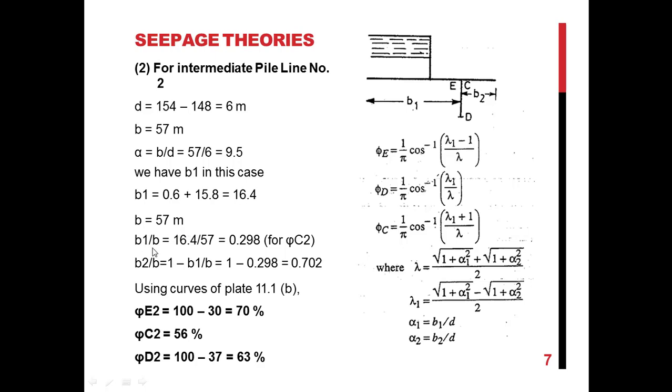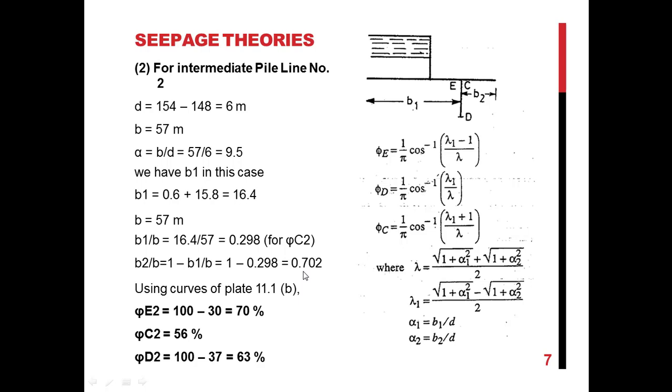Now finding B1 divided by B is equal to 16.4 divided by 57, which is equal to 0.298, and this value should be used for finding the value of phi C2. Also B2 divided by B is equal to 1 minus B1 divided by B. Since the sum of ratios is equal to 1, subtracting the value of B1 by B from 1 will give you the value of B2 divided by B, which is equal to 1 minus 0.298, equal to 0.702.